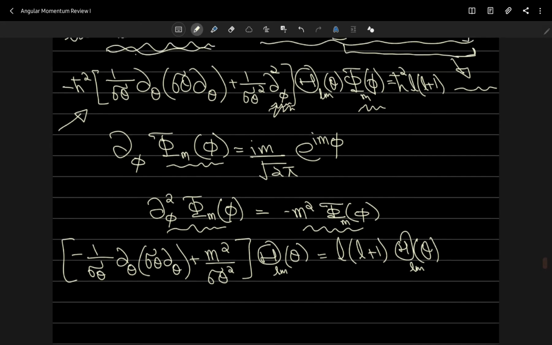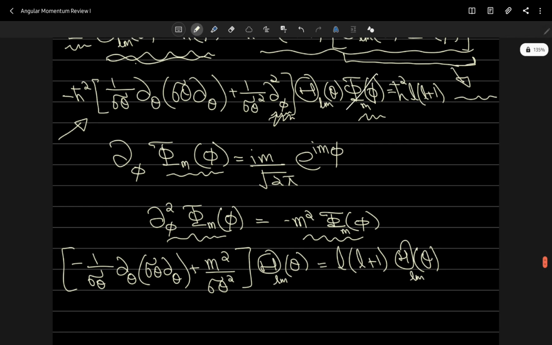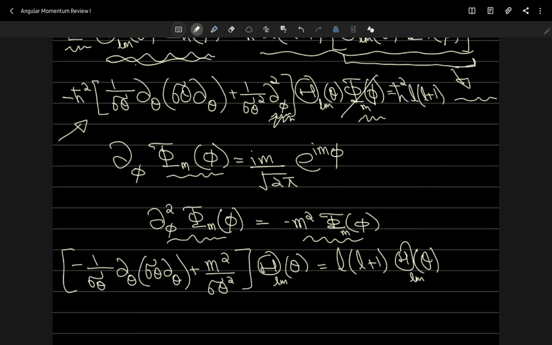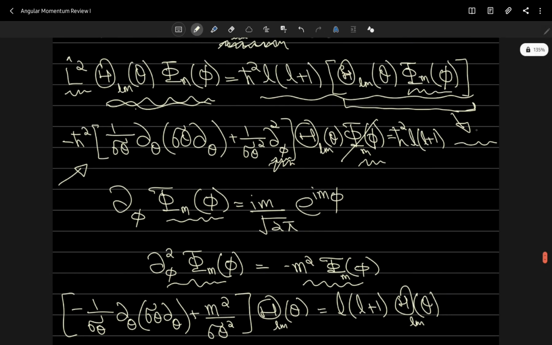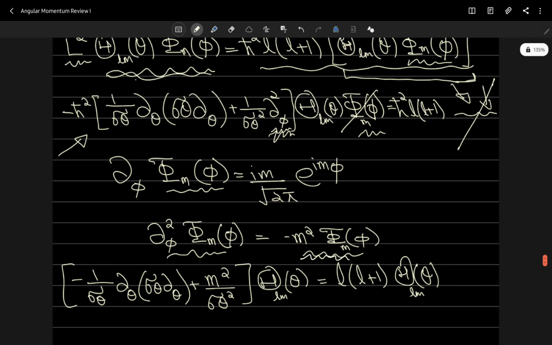It is important to note that I have simply cancelled these out. This one that would have been over here, I cancelled it out after I took this derivative and I got the function back. That's why I was able to cancel this out after applying the derivative operator. That is important to note here, otherwise I could not have cancelled it out because there was an operator acting on it.